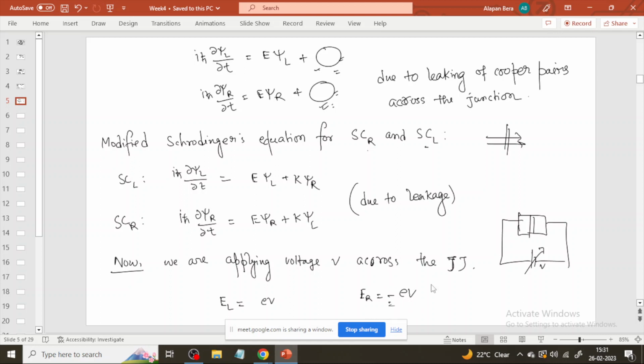Why is this minus? Because the electrons in this region are connected to the positive region of this battery, but the electrons in this region are connected to the negative end of this battery. So one will get the negative potential, the other will get the positive potential. That is why the energy of the left electrons and the energy of the right electrons are opposite in sign to each other. Okay.